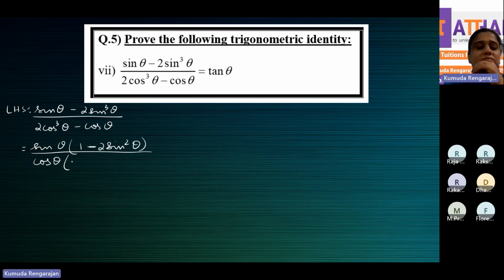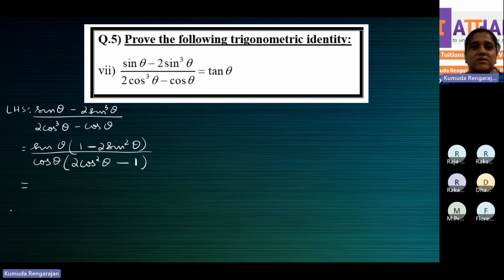Cos theta is common, but what's the first term? 2 cos cube theta. From that, if you remove 1 cos theta, what will remain? 2 cos square theta will remain. Then minus cos theta is already common, so what should we write here? 1, that's all.